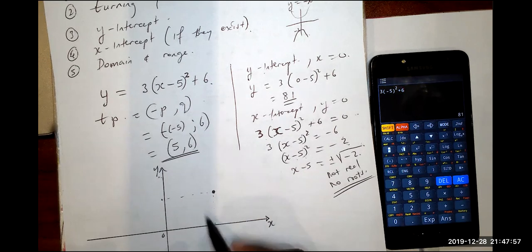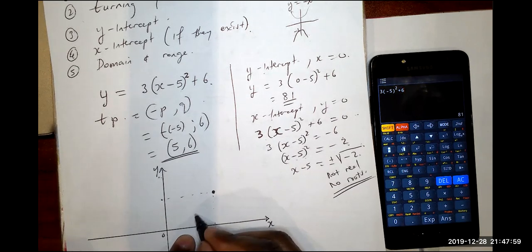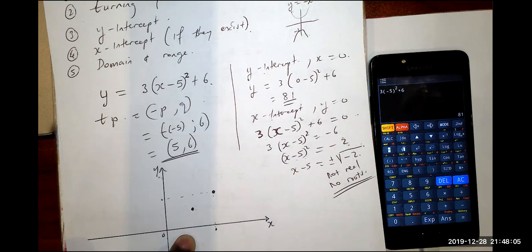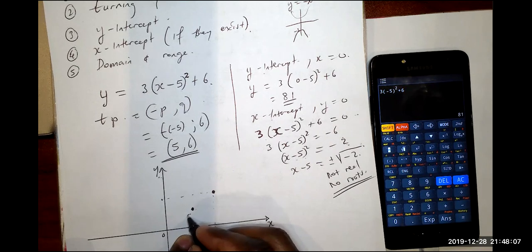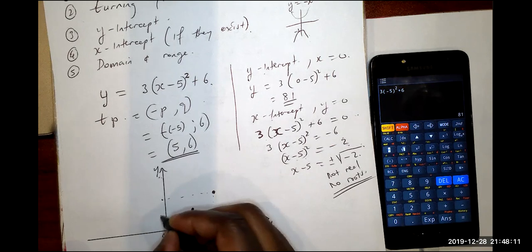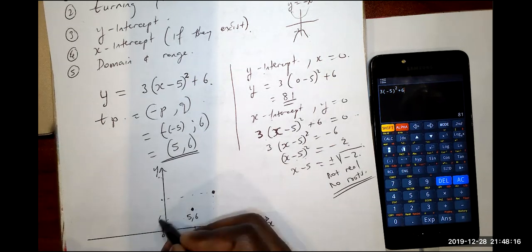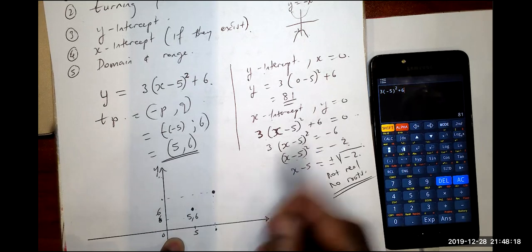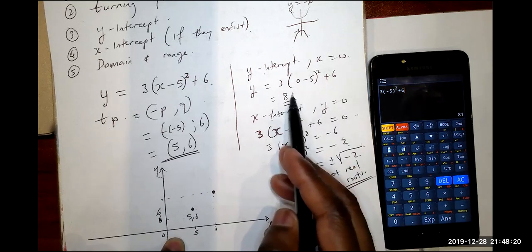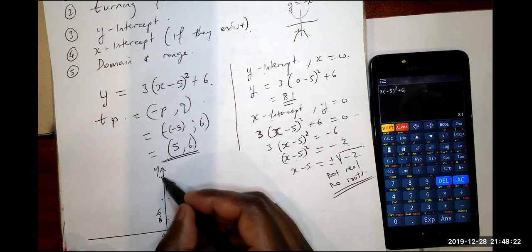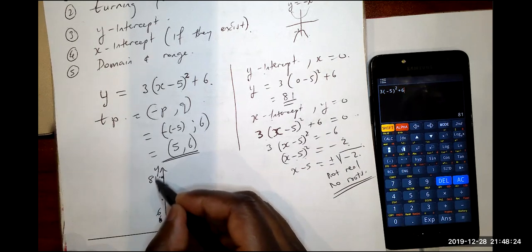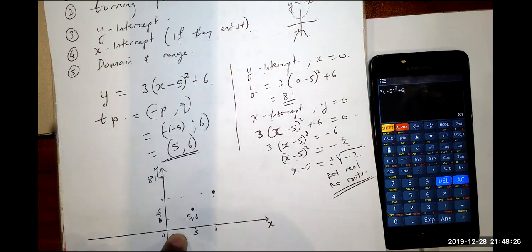But now, can you do something here so that it's going to be practical? Let's put our turning point here, which is (5, 6). Let's say here is 5, here is 6 units. Then the graph crosses the y-axis at 81, that's the y value. So the y-intercept here is 81. Let's put 81 there. Now, what are we going to do now?